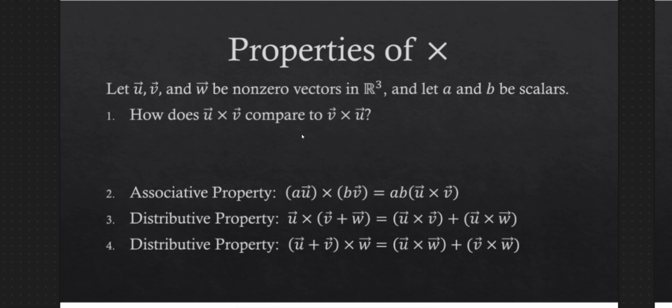So we start with a simple question about the cross product. How does U cross V compare to V cross U? Let's call this one U, and let's call this one V. Compare U cross V and V cross U. Now these are both in the plane that is parallel to your computer screen, and so we know that U cross V, or even V cross U, is going to be perpendicular to both of these, so it's going to go either in or out of the screen.